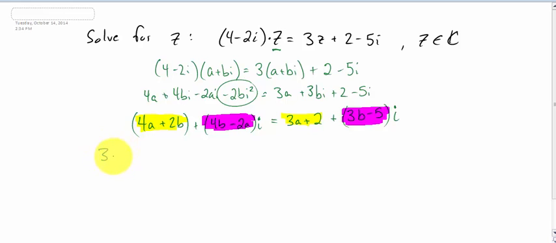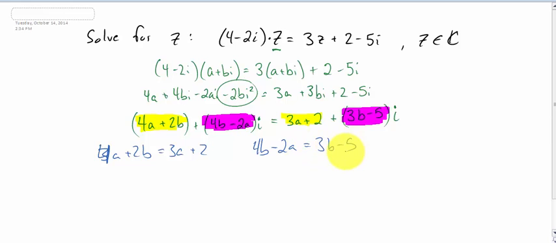So let's set up a system. 4a plus 2b equals 3a plus 2. Okay, cool. And similarly, 4b minus 2a equals 3b minus 5.